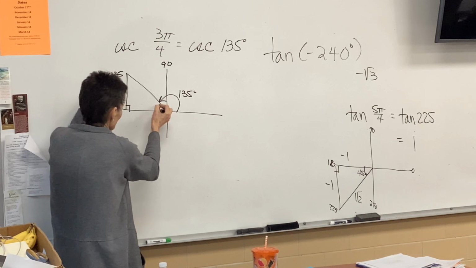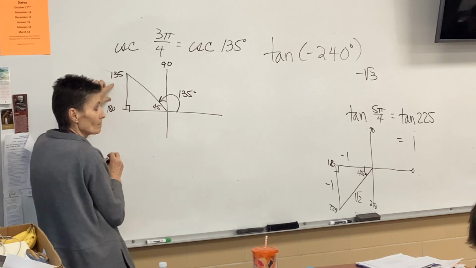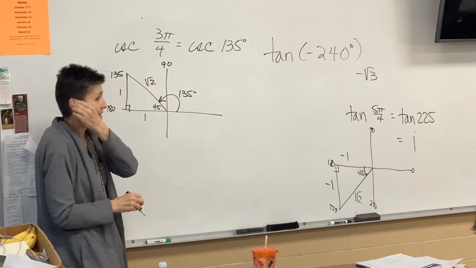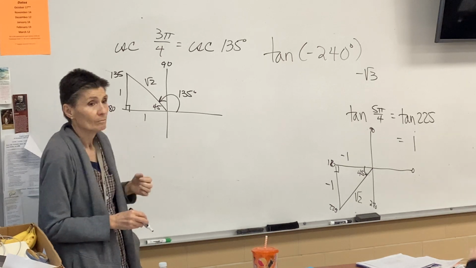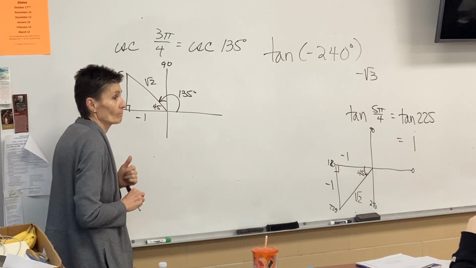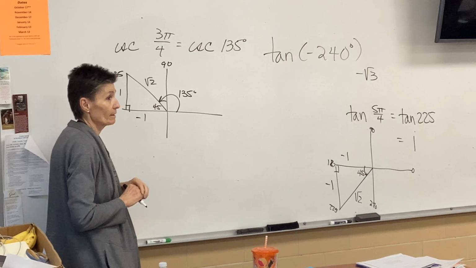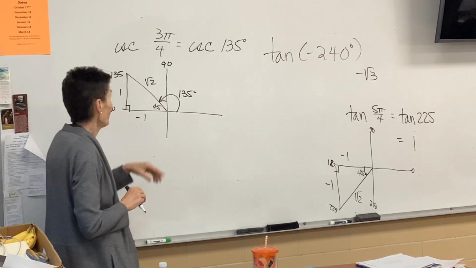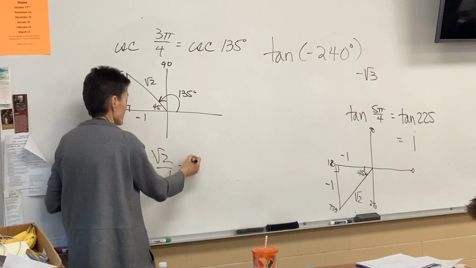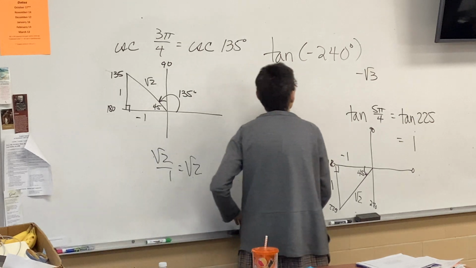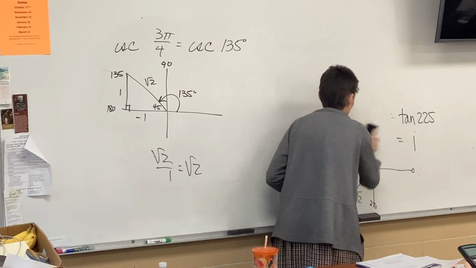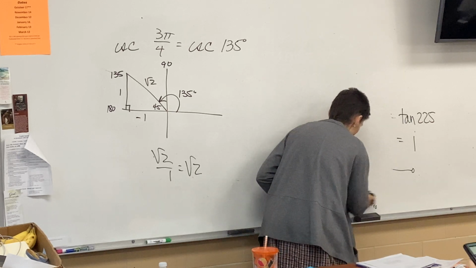What's that gap right there? 45. So 1, 1, root 2. Anything negative this time? Just that guy at the top. Cosecant is hypotenuse over opposite. So the answer to the question is just root 2. There are a lot of steps to these problems.